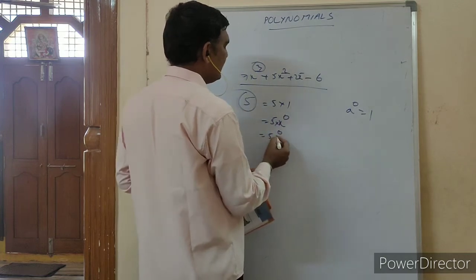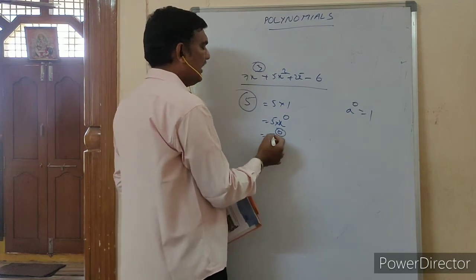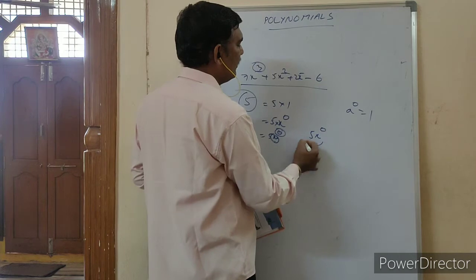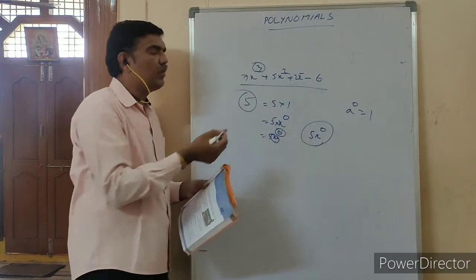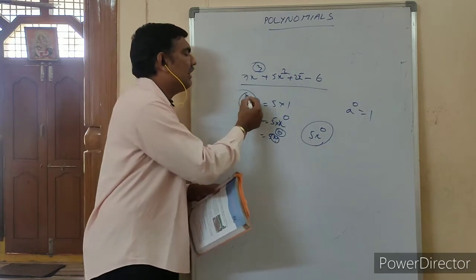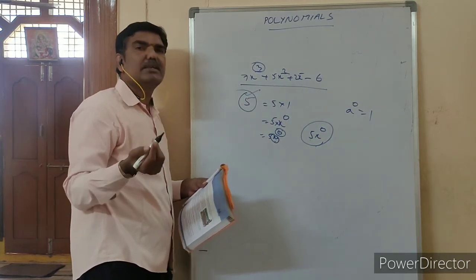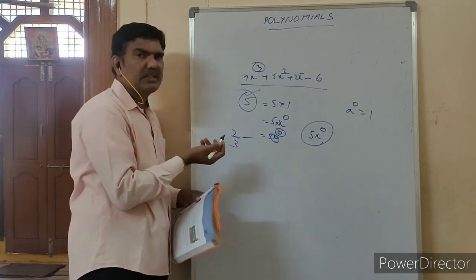Here x is the variable, and its power is 0. What is the degree of this polynomial 5x power 0? Only 1 is there, its power is 0. So degree is 0. For any constant, meaning any number, the degree is 0. Any number, 2 by 3, what is its degree? 0.